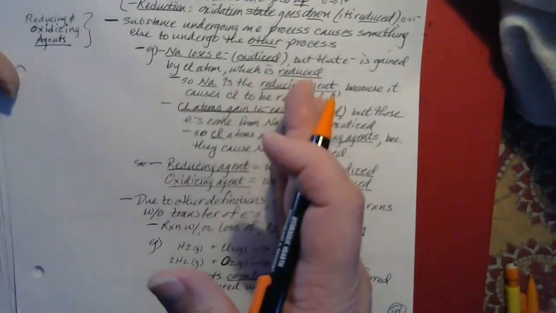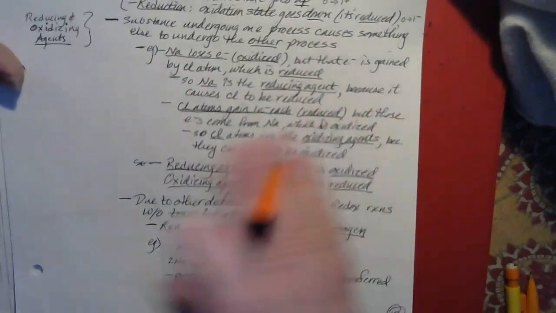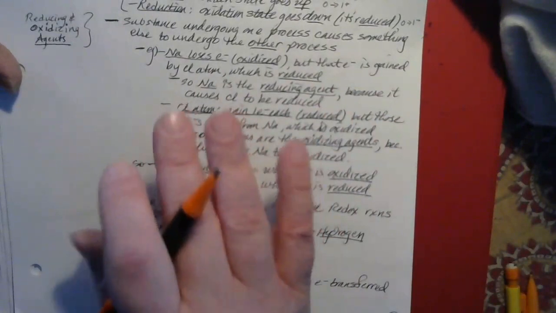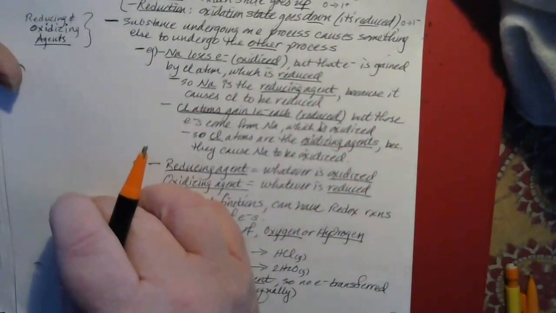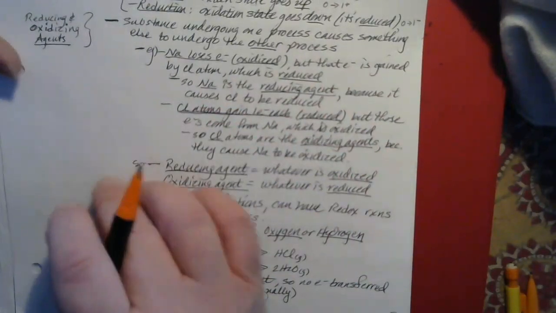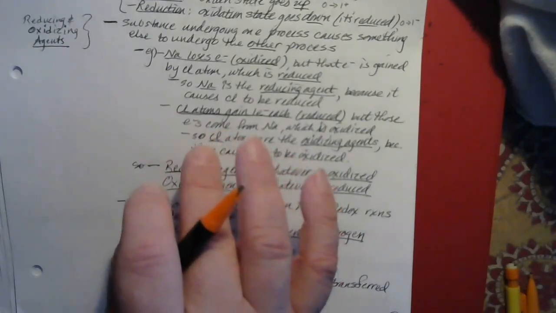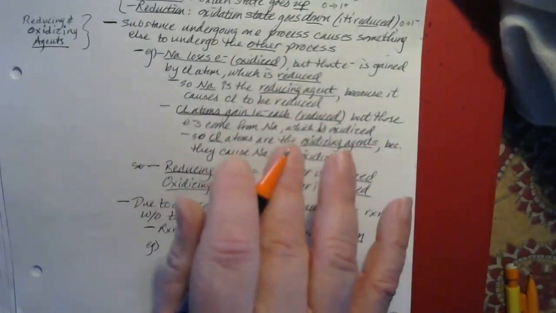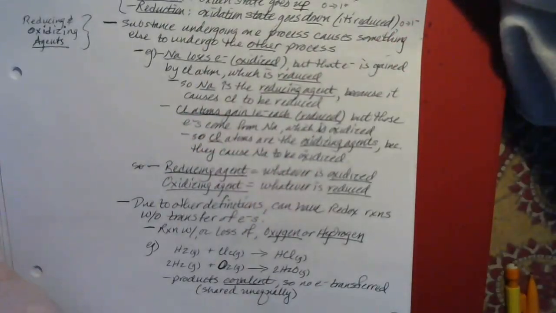Since both of these processes occur at the same time, and since it's the same electrons that are being released by the reactant that's being oxidized and taken in by the reactant that's being reduced, you can look at it as the substance that's being oxidized is causing the other substance to be reduced by releasing electrons that the other substance can then take in, thus causing it to be reduced.